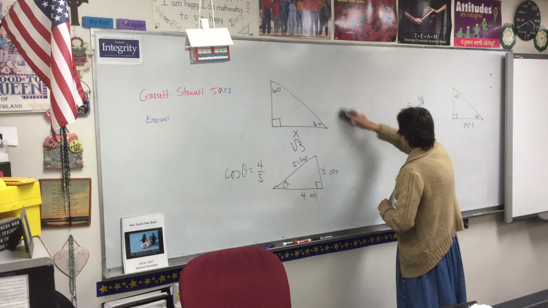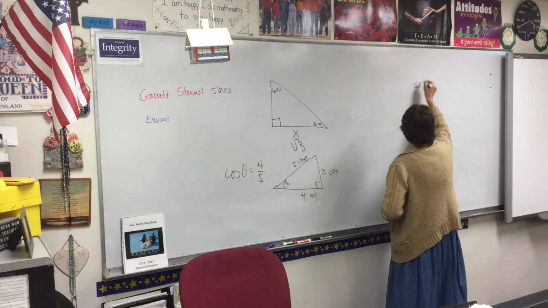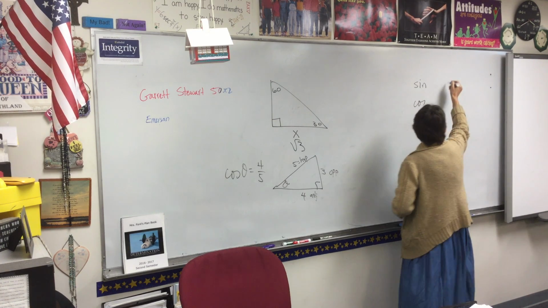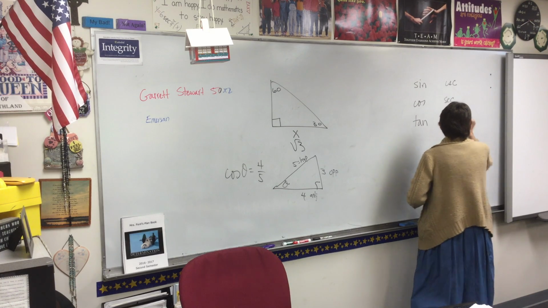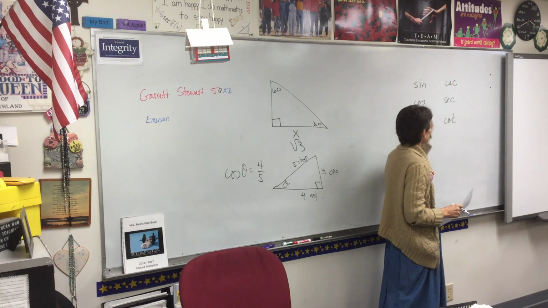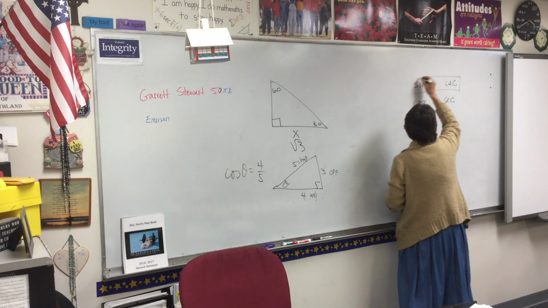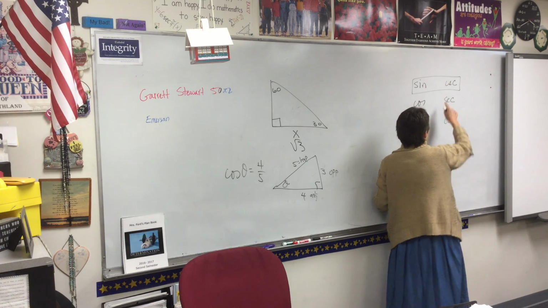As you are memorizing these functions, you have sine, cosine, and tangent. Those are the big 3. And then you have their reciprocals. And notice, these are the reciprocal pairs right here. Notice that each pair has one cofunction in it.